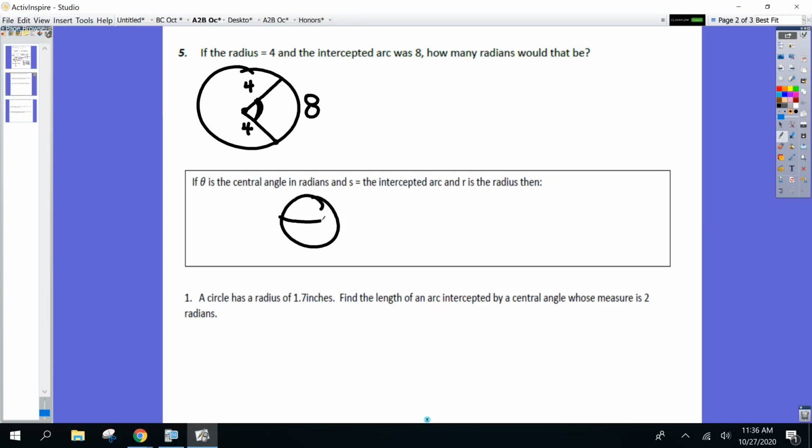Remember our Greek symbol from yesterday? Come on, kids, you were here yesterday. Theta. Good job, Ella. Theta. Everybody, that's my angle in radians.